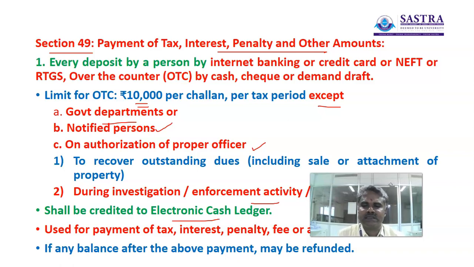But this limitation is not applicable in the following cases: government department, notified person, and authorization of the proper officer. When the proper officer gives authorization, you may transfer more than this 10,000.